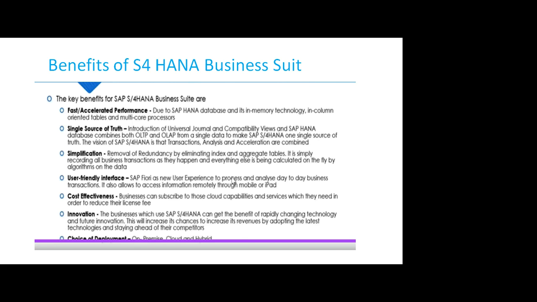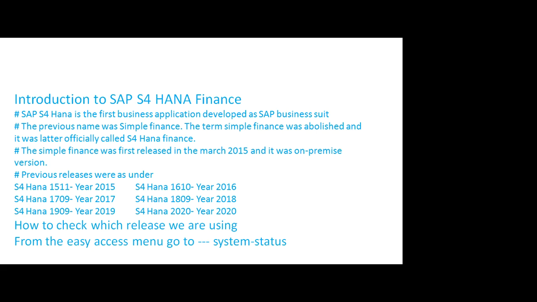Then innovation is there. SAP S4 HANA is rapidly innovating, rapidly changing to the requirement of different concerns, and choice of deployment, SAP deployment is up to you. You can have on-premise, cloud or hybrid, which I have discussed previously.